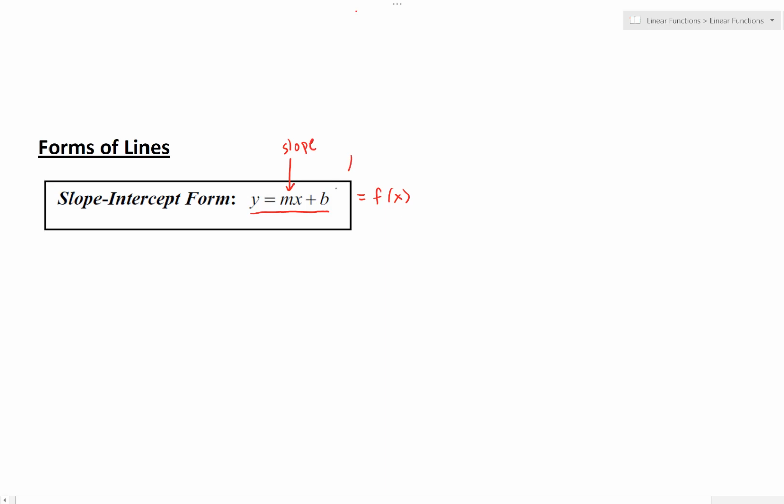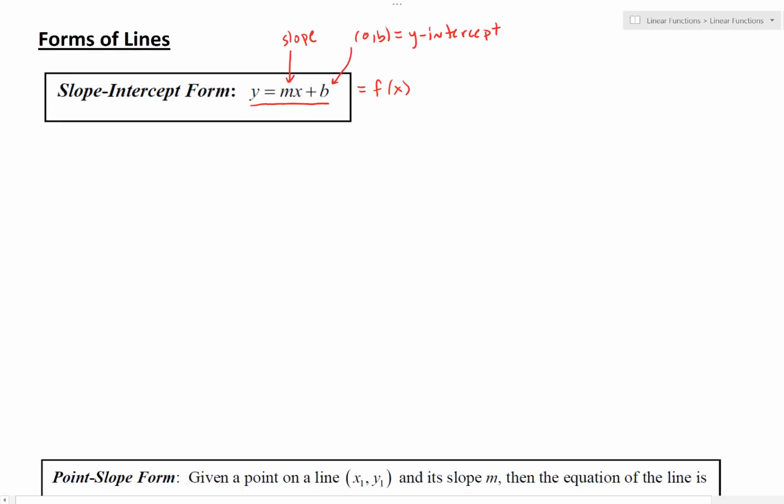And our b value, which is the vertical location of the y-intercept, is sitting right there as well. So the slope-intercept form, hence, because it's just sitting there in the actual notation for the function. So 0, b, remember, y-intercept. That's the form we would use if we're going to use function notation.